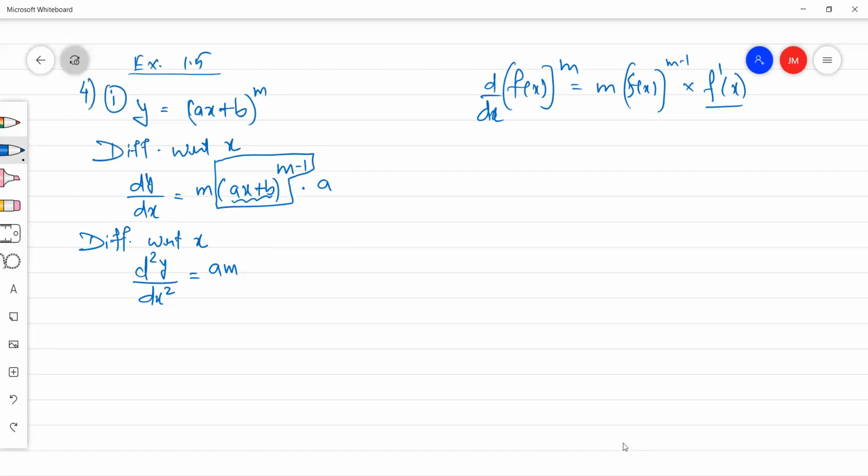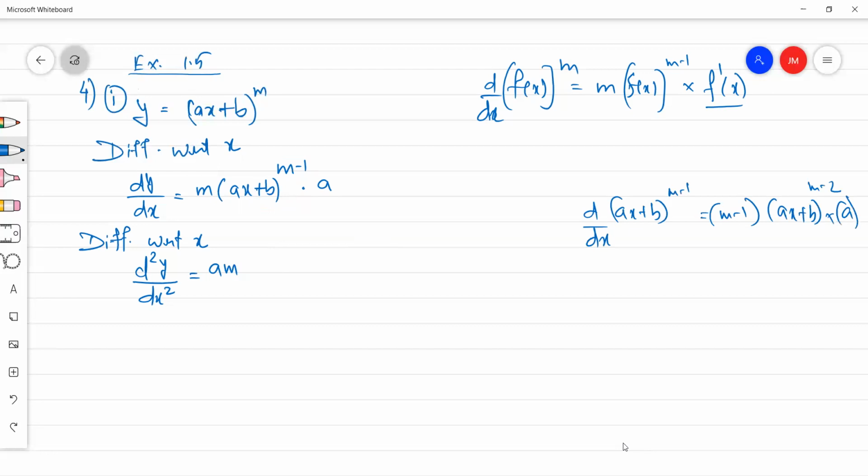ax plus b raised to m minus 1, which is f of x raised to n type. It is variable raised to constant, but look at the variable. You are differentiating d by dx of ax plus b raised to m minus 1. So it will be m minus 1 ax plus b raised to m minus 2 into the derivative of ax plus b, and this a will come once again.